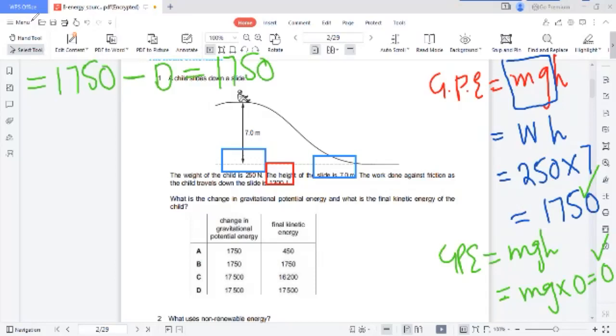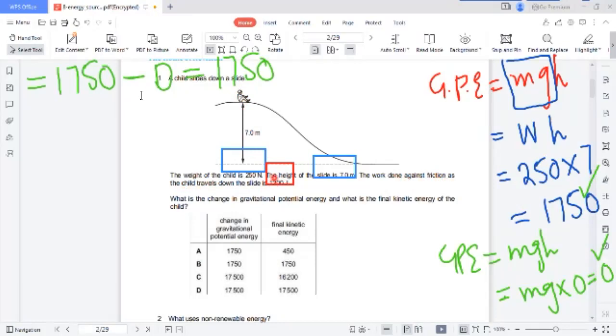Okay. So next is the work. The work done against friction as the child travels down is 1300. So at top, it was 1750 as gravitational potential energy, out of which 1300 is used against friction.